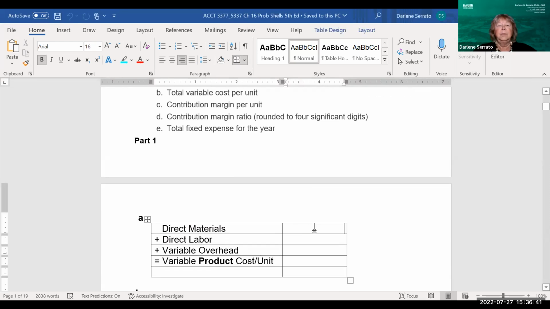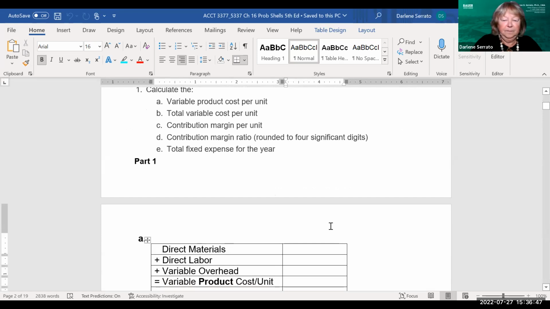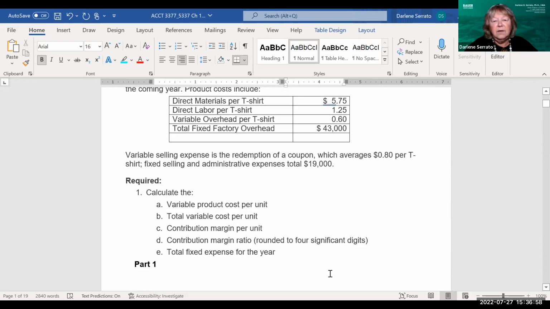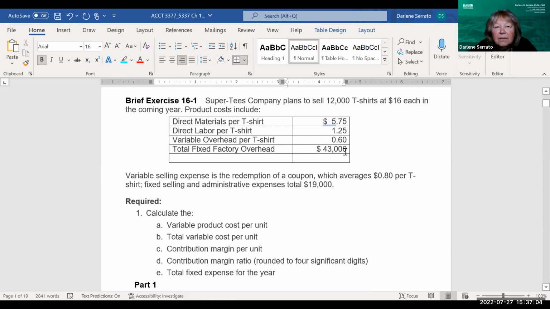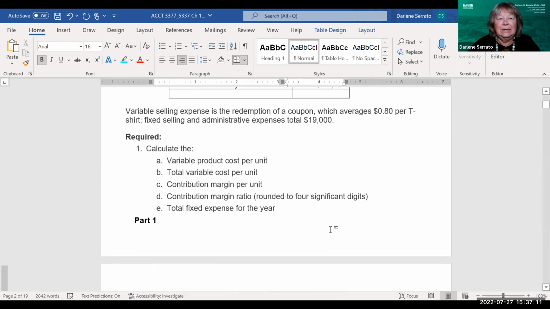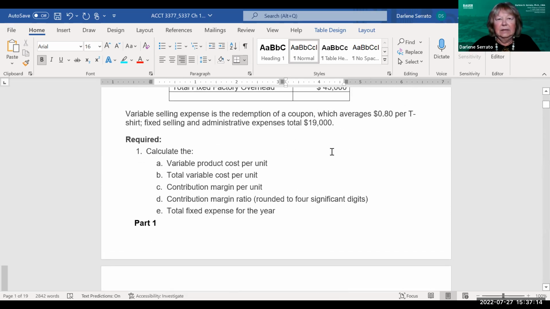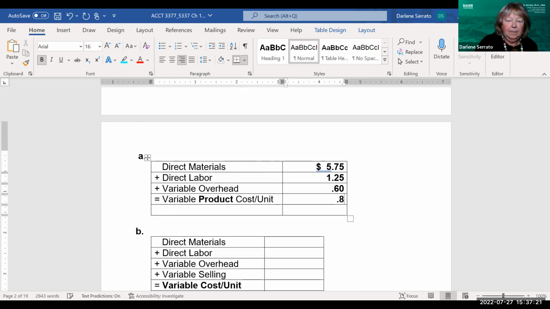Variable product cost: direct materials of $5.75, plus direct labor of $1.25, plus variable overhead of 60 cents.